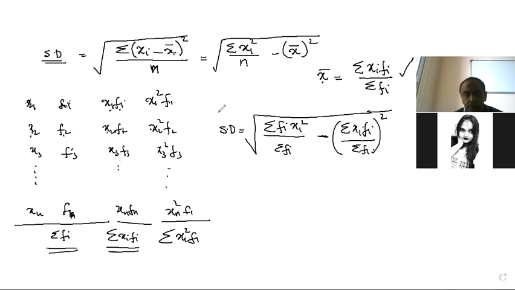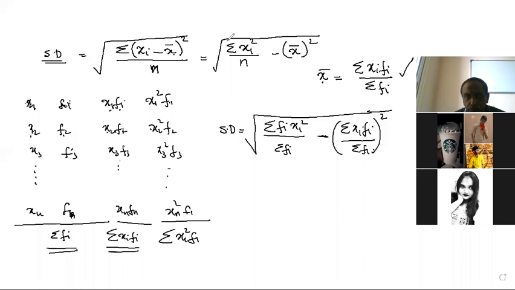Is that clear to everybody? Is the formula clear? Yes, sir. What is the first part of the formula? Average of the squares of the observations. You square the observations and find their average. Minus, what is this one? This is the arithmetic mean square.